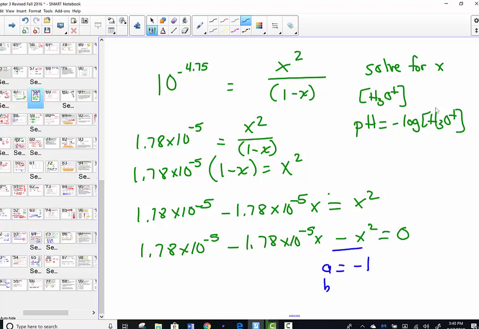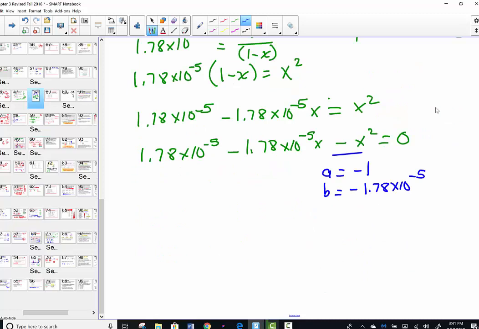The letter B is equal to negative 1.78 times 10 to the negative 5th. And the letter C is equal to positive 1.78 times 10 to the negative 5th. Use your quadratic formula on your calculator and solve for X.